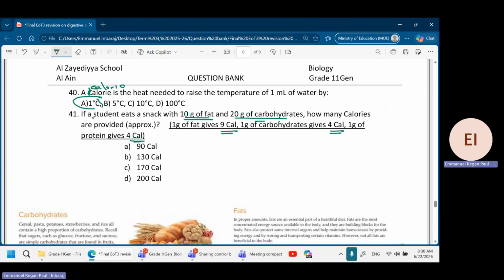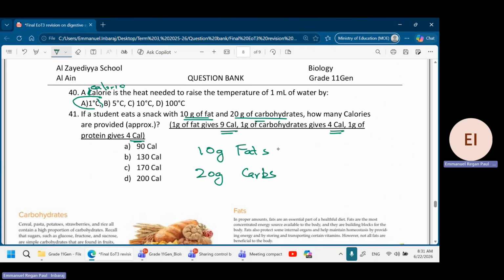Now let's see. So a student is eating a snack with 10 gram of fat and 20 gram of carbohydrate. How many calories are provided? Now let's say fat. 1 gram of fat gives how much? 9 calories.